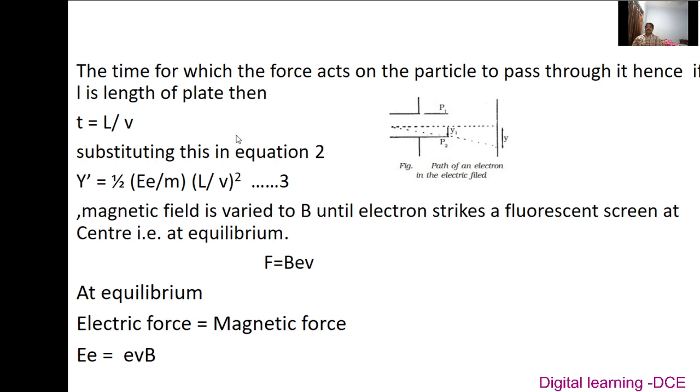This is because when we apply the electric field, it produces a deflection in the downward direction. When we apply a magnetic field perpendicular to the direction of the electric field, the cathode ray experiences a force in the upward direction. So the deflection produced by the electric field is balanced or nullified by the deflection produced by the magnetic field.